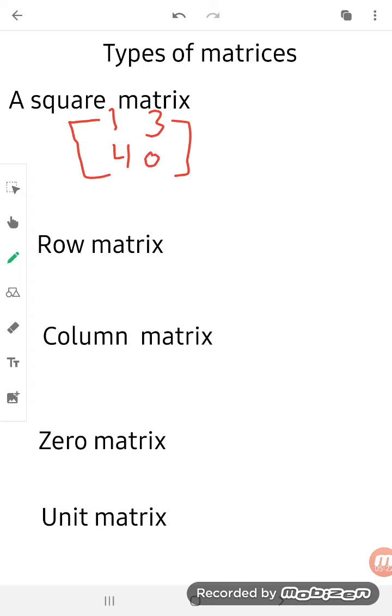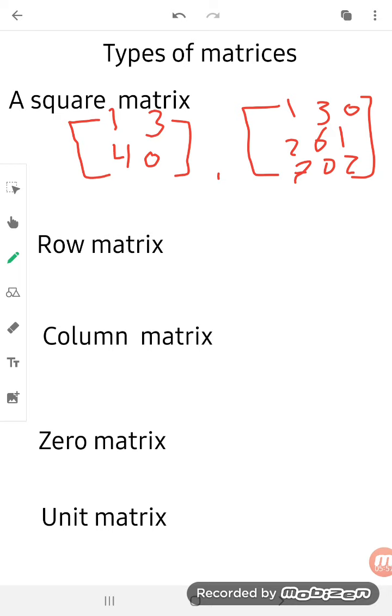This matrix is called a square matrix because it has 2 rows and 2 columns. Another example, 1, 3, 0, 2, 6, 1, 7, 0, 2. This matrix is called a square matrix because it consists of 3 rows and 3 columns. So the square matrix consists of the same number of columns and rows.